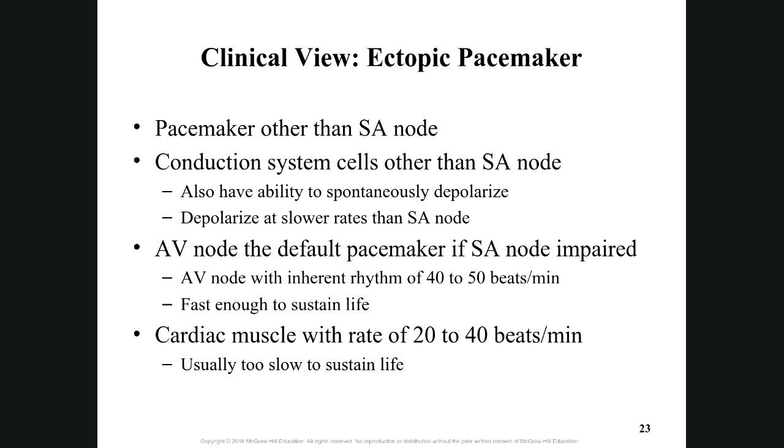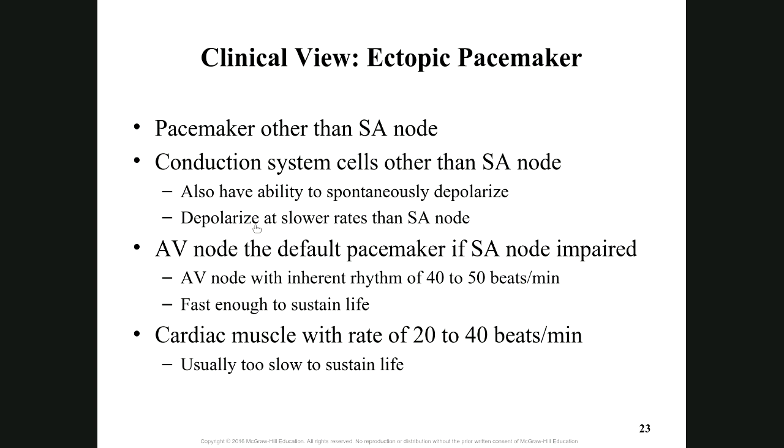And we have some problems like ectopic pacemakers. The SA node is called the pacemaker of the heart. Sometimes in our hearts we have other spots which work as pacemakers and can generate the action potential. Conduction system cells other than the SA node cells also have the ability to spontaneously depolarize. They depolarize at a slower rate than our SA node.